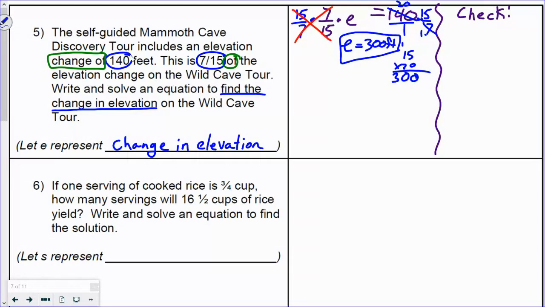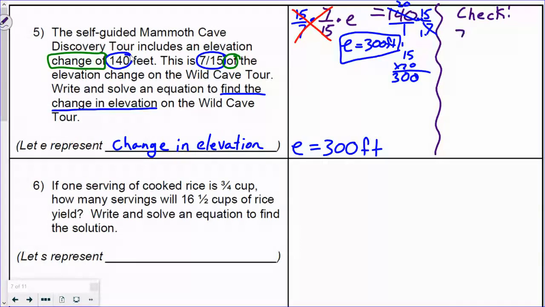Okay, and if you even want where it says let it equal, you can put down here E equals 300 feet. Then it's right by what you're letting it represent. But then you're going to check your answer. Okay, that's important too. Got to check your answer.